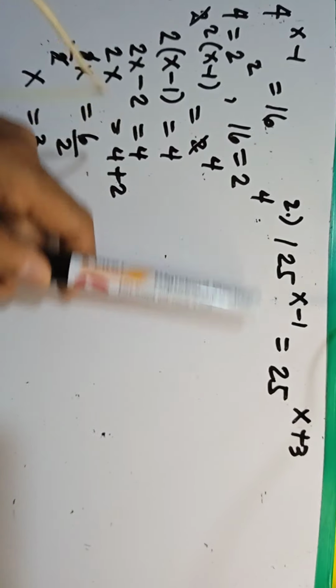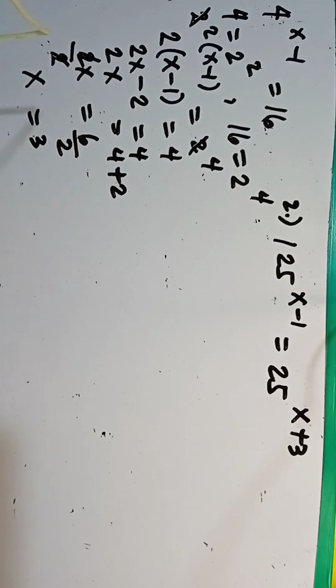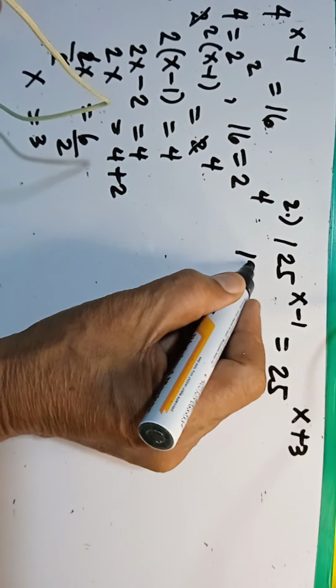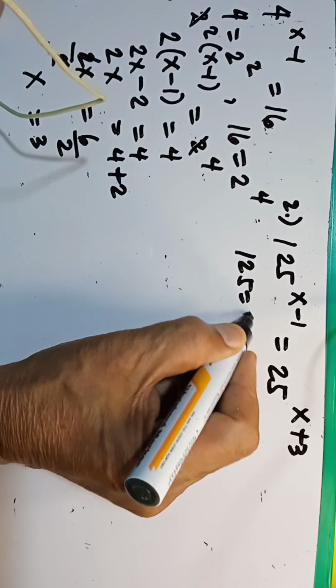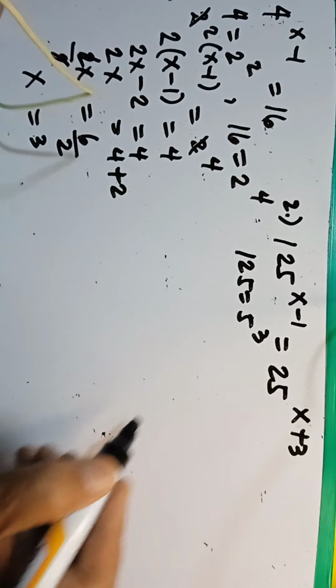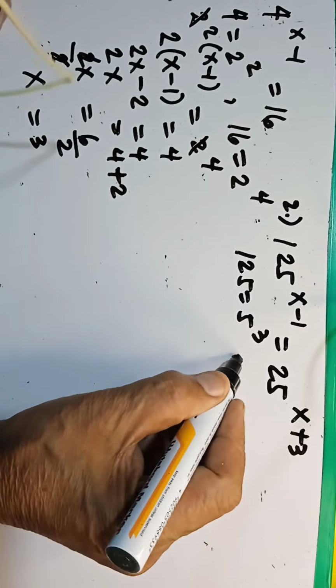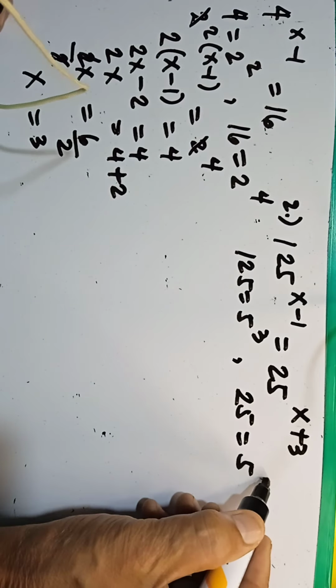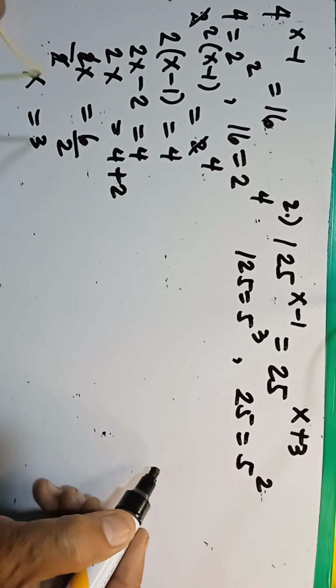125 and 25 are not the same, but we can express them as the same bases. 125 can be expressed as 5 raised to 3, or 5 cubed, and 25 can be expressed as 5 squared.